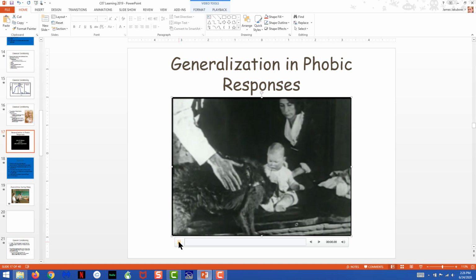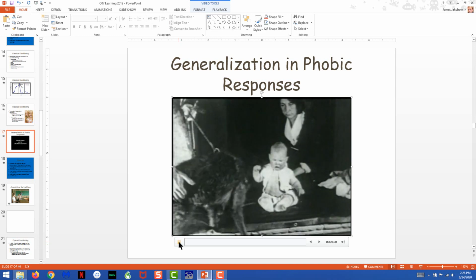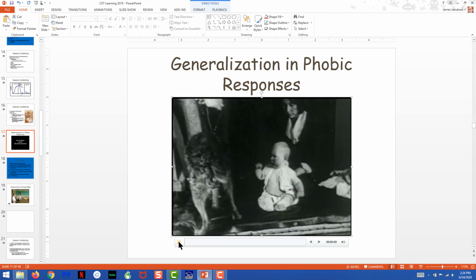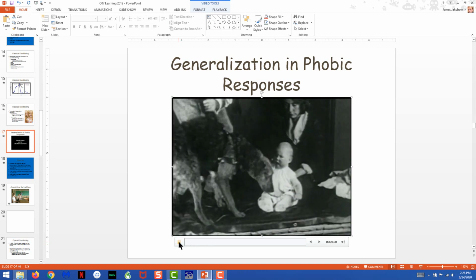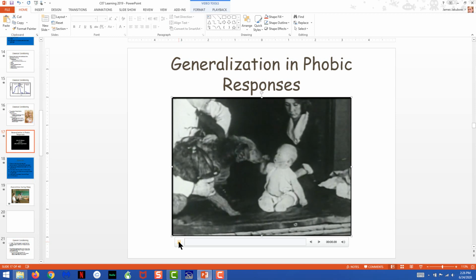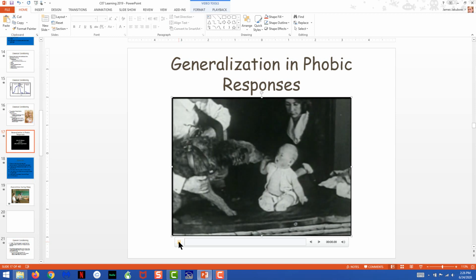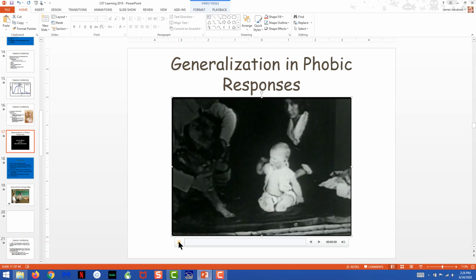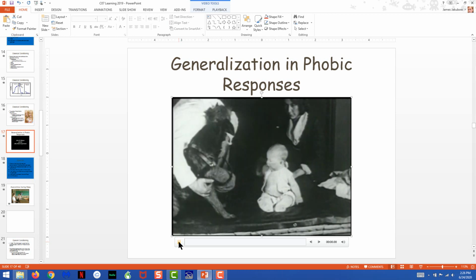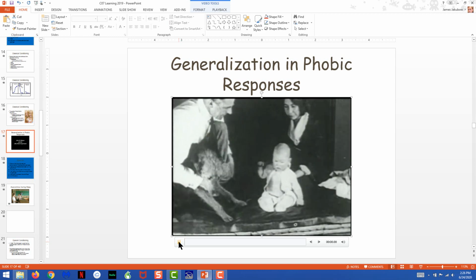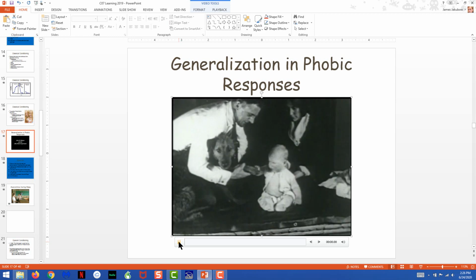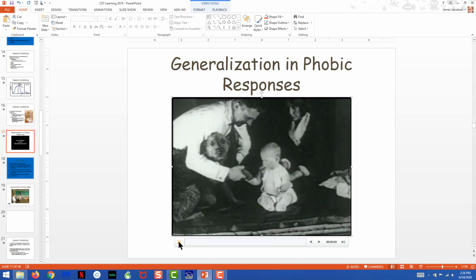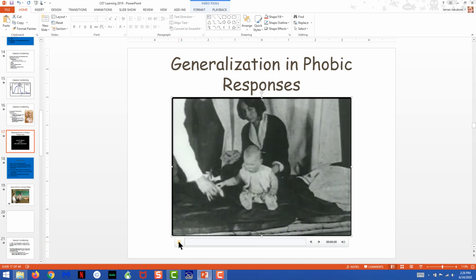They start with the monkey, they bring in a dog. Now, the child does not appear to be fearful of the dog. His head's back a little bit, but he's kind of putting his face in the dog's face. If you were looking for fear in a child, you're going to see it on the second half of this video, in which the child will be crying and trying to crawl away.